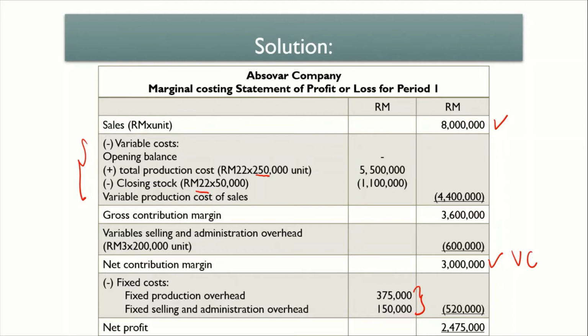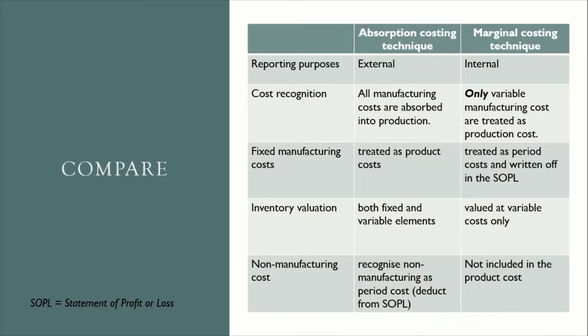If you go through your slides later on, you can see that absorption costing has a higher profit compared to marginal. So compare and look. This is the comparison between the two methods, a summarization. You can look at the difference between the two, which I've explained in detail above. So, moving on.